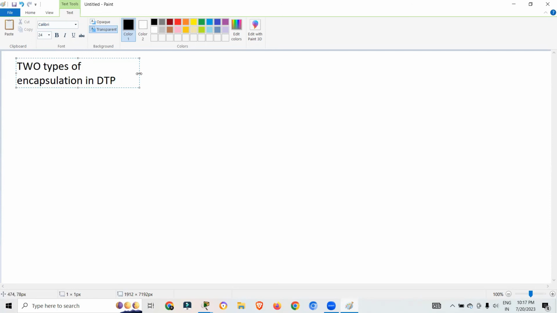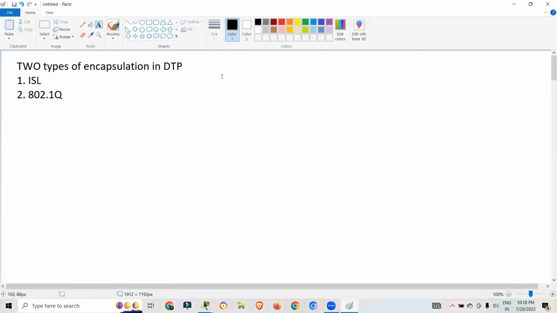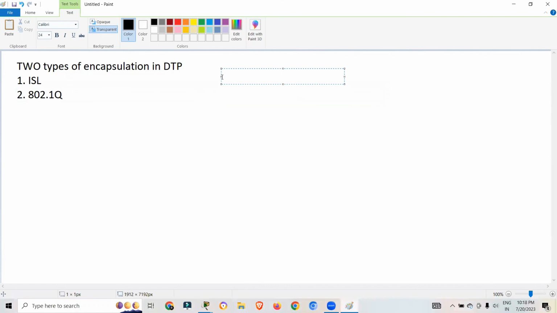What are the two types of encapsulation? The first one is ISL, and the second one is 802.1Q.